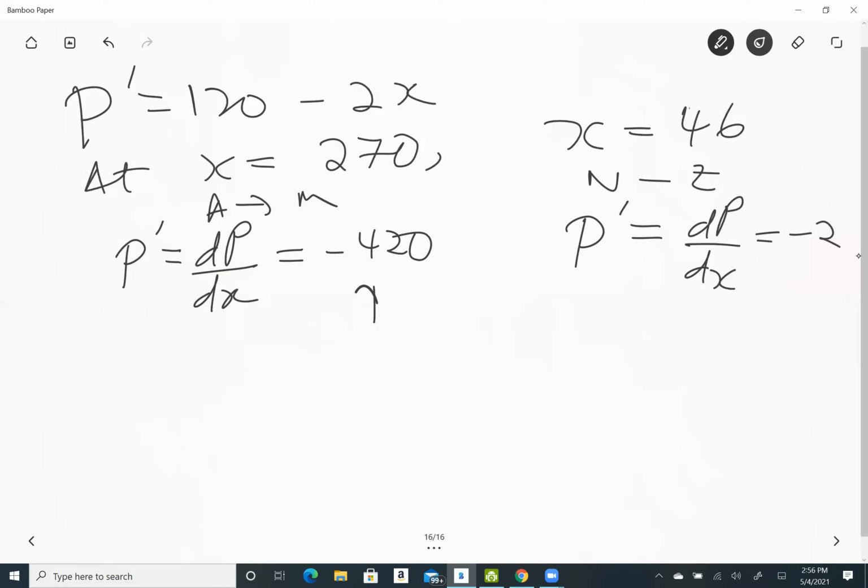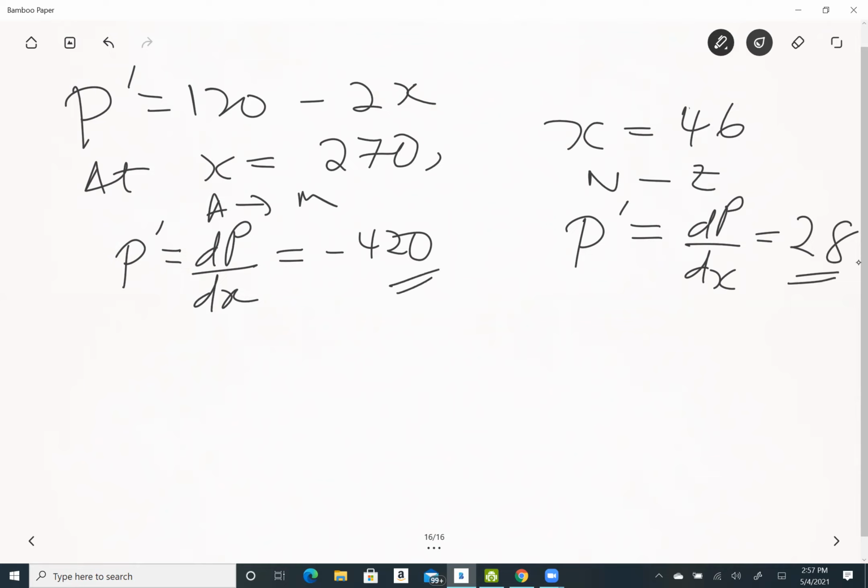I think 46 gives a positive. 46 gives 28. So for the first value at 270, the marginal profit is negative 420. At x equal to 46, the marginal profit is 28.